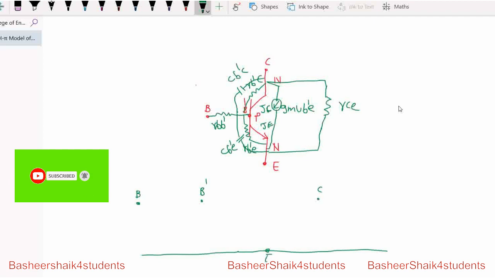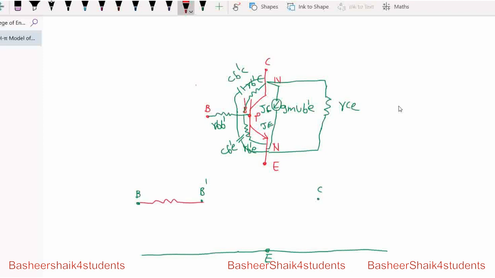If you observe the circuit representation, we have a resistance between the external base and the internal base terminal as RBB dash, a resistance between the internal base and the emitter as RB dash E, and a capacitance between the internal base and the emitter as CB dash E.